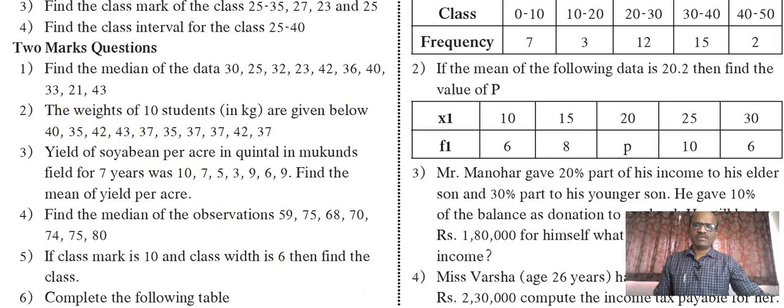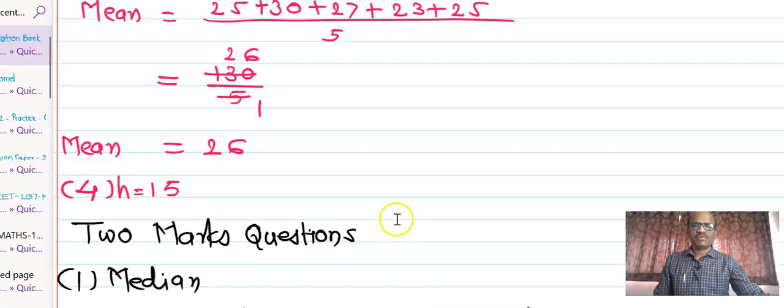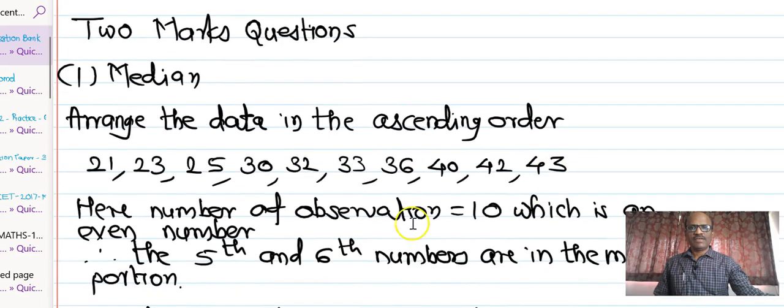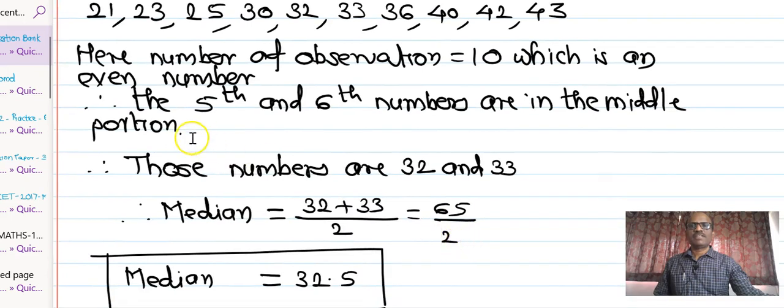To find the median, we will solve this like this. Arrange the given data in ascending order, and this is the ascending order. Here the number of observations is 10, which is an even number. Therefore the fifth and the sixth numbers are in the middle.